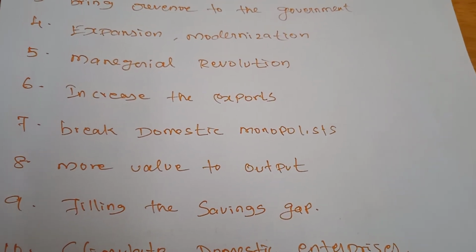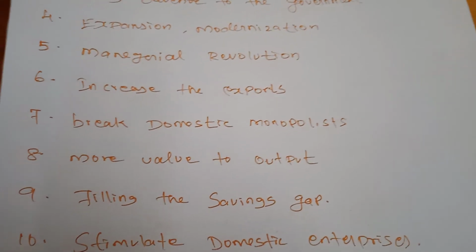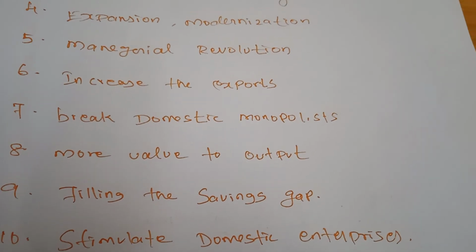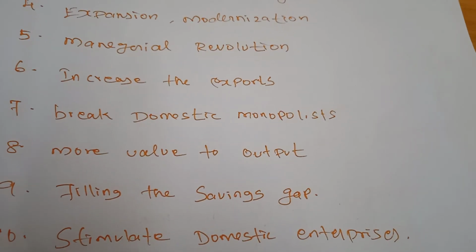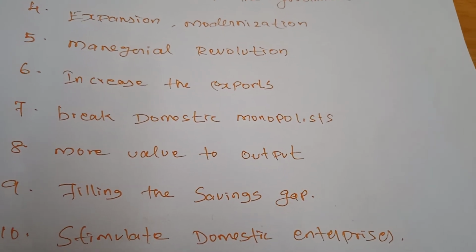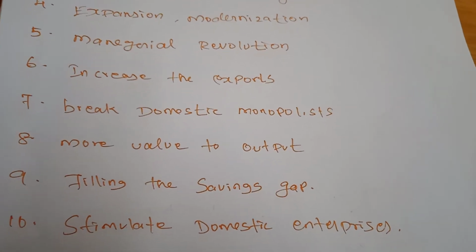Whenever we increase the exports, we increase the output of the domestic country. So we will have more output of commodities, and if these commodities also have more demand, we will get more value of output.